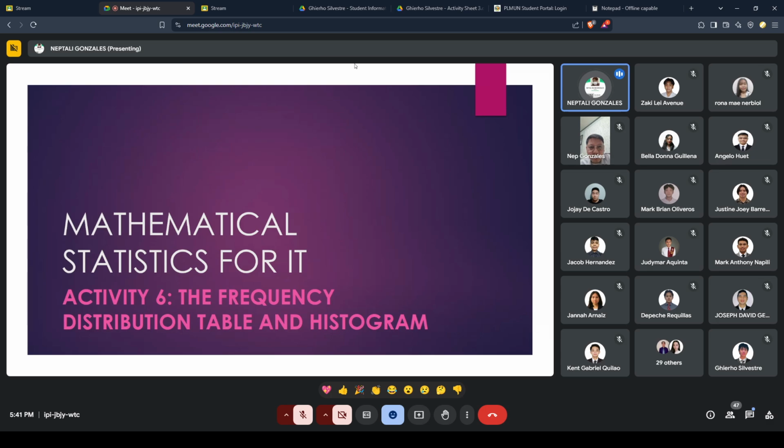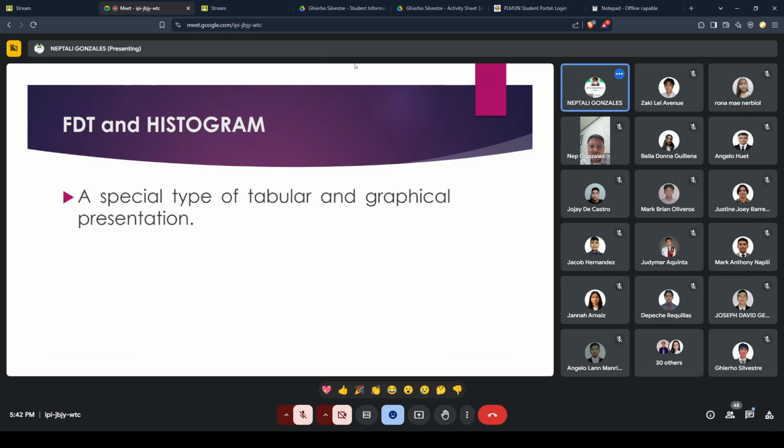So activity number 6 is all about the frequency distribution table and histogram. The histogram is a special type of graph only for the frequency distribution table. So FDT and histogram are special types of tabular and graphical presentations.